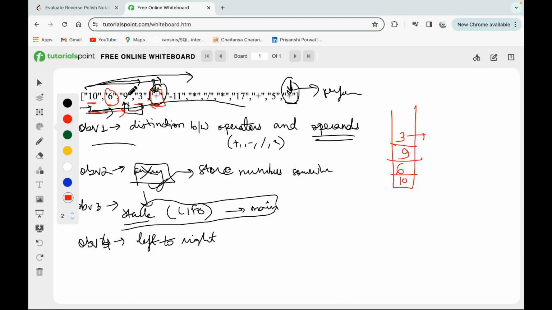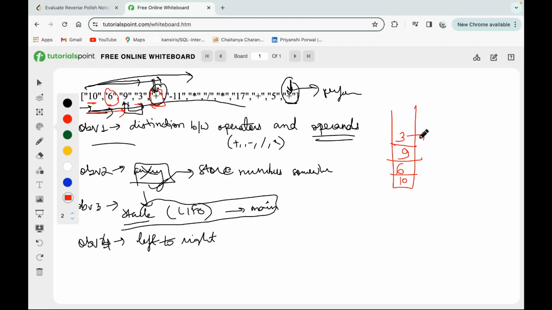So here, as I mentioned, the order of operands is also necessary in some cases, that is minus and divide, subtracting and dividing. But we will consider it in all the cases, right? Otherwise, we would have to check if this is plus or multiplication, then we preserve the order, otherwise we will not.